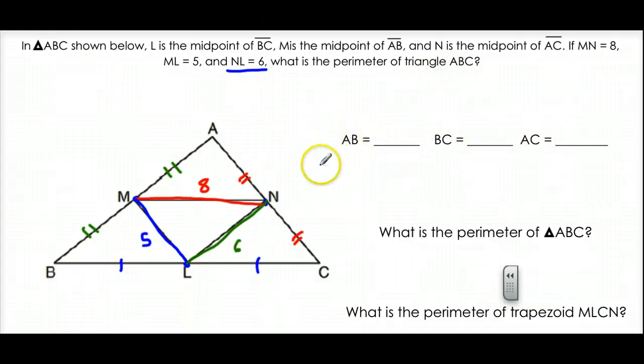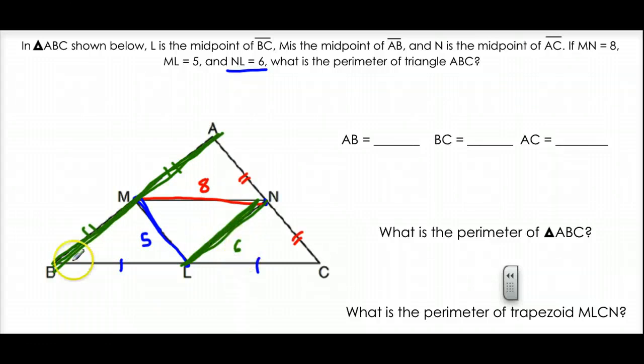So AB, oh sorry, we're looking for AB. So AB is right over here. That's our base. The midsegment would be this guy right here, NL, right? These are parallel.